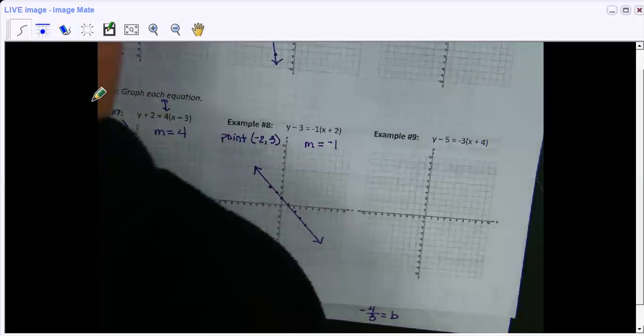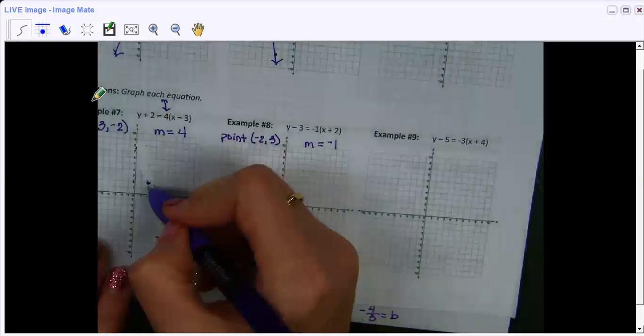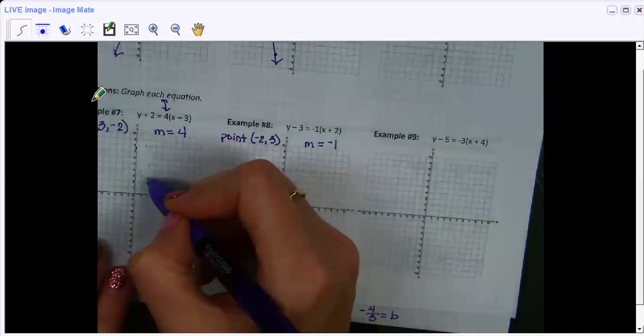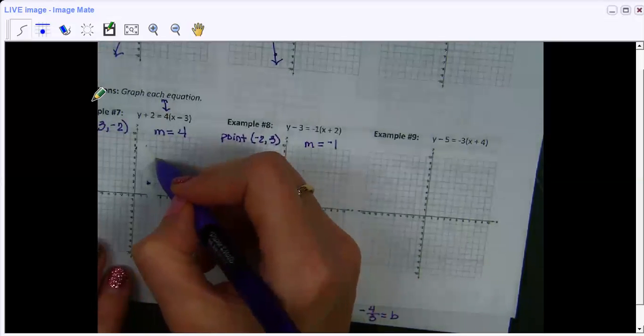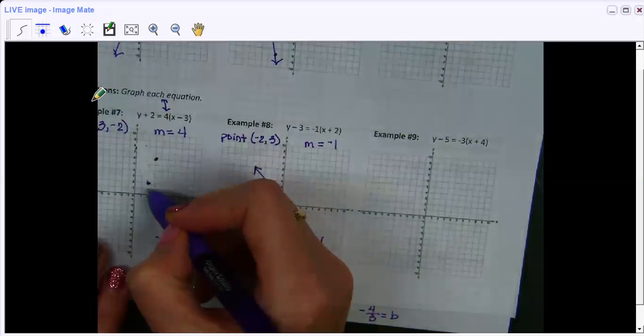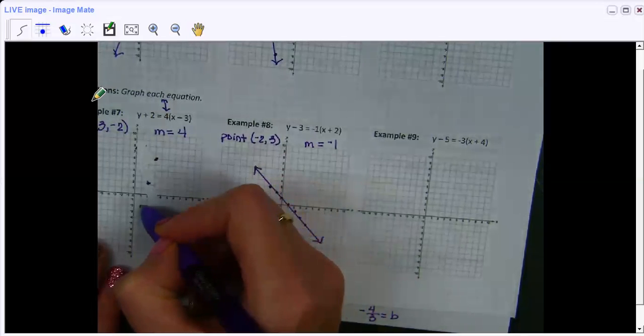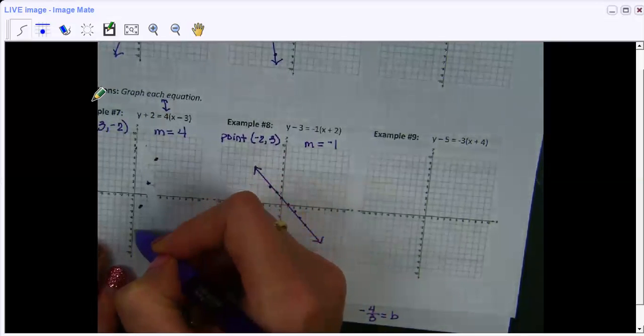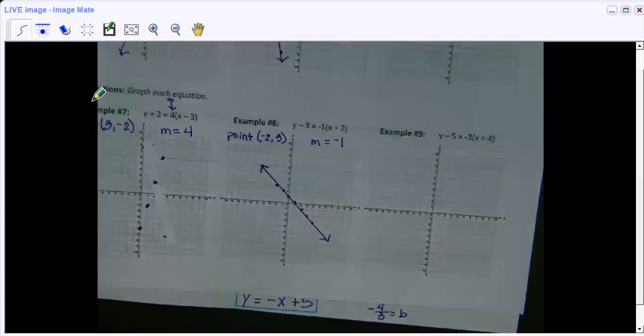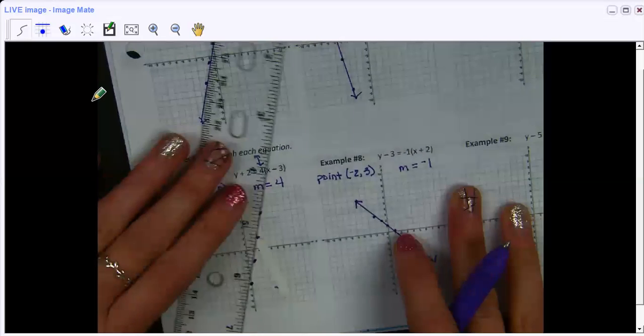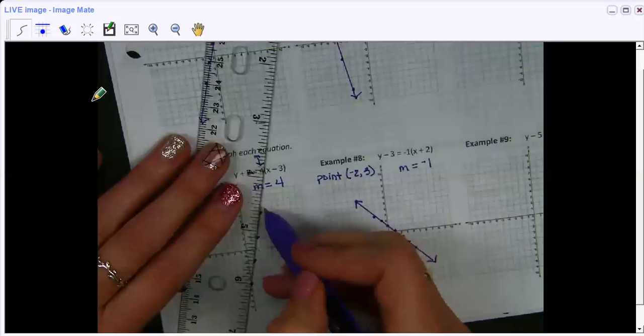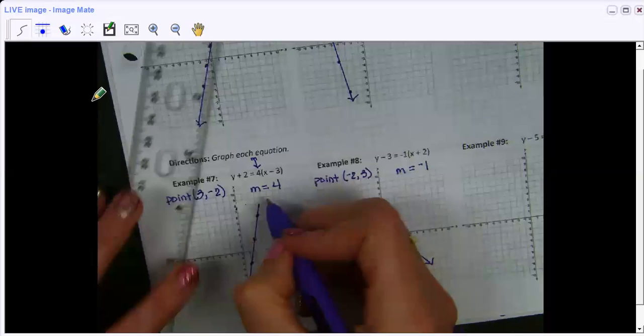So I graphed a -4 slope. It's a +4, so I would need to go up 4 over 1. And then 1, 2, 3, 4 over 1. There we go. I'm so sorry, you guys. It's okay. At least I caught it. Good job.